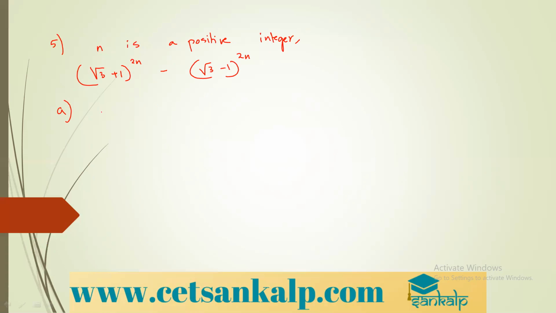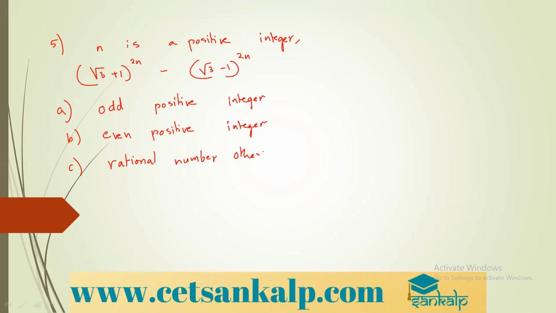And the options are: the answer will be an odd positive integer, or an even positive integer, or a rational number other than positive integers. The last one, an irrational number.